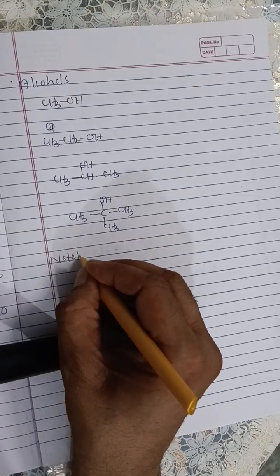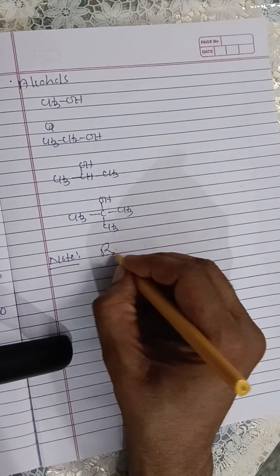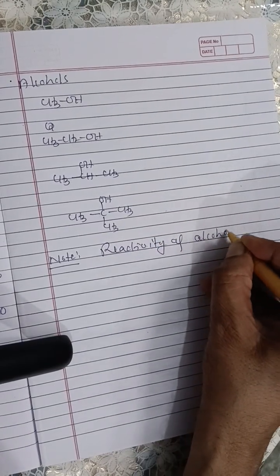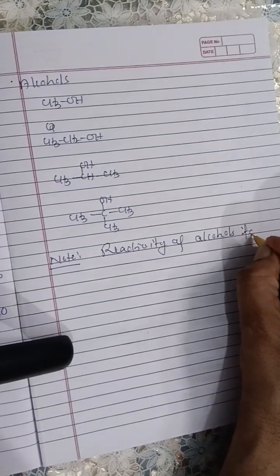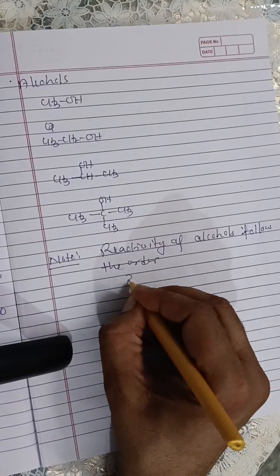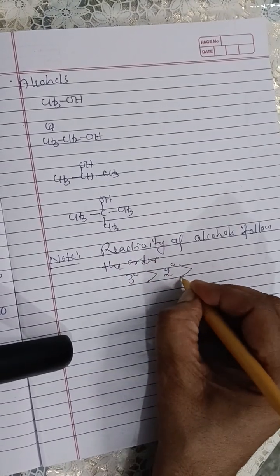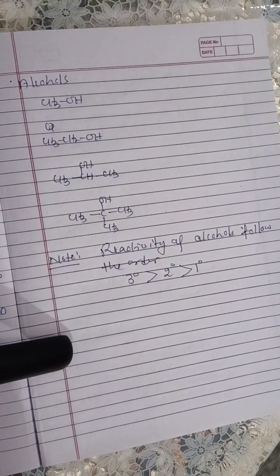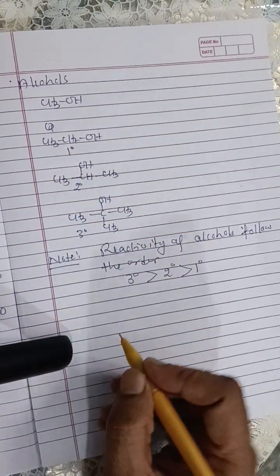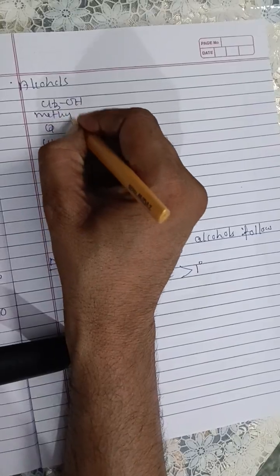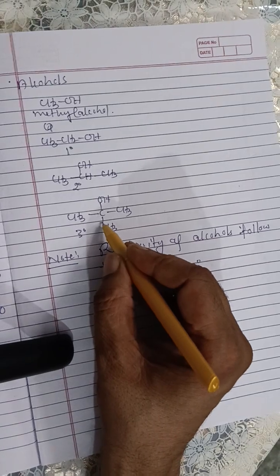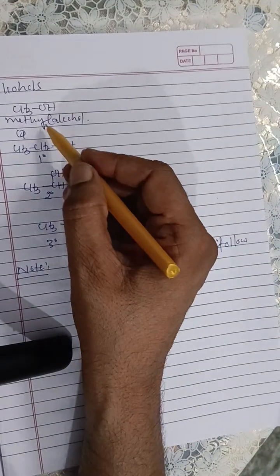So very important note to remember that reactivity of alcohols follows the order: 3 degree greater than 2 degree greater than 1 degree alcohol. So this is 3 degree alcohol, this is 2 degree alcohol, this is 1 degree alcohol, and this one is methyl alcohol. So most reactive is 3 degree and least reactive is this one.